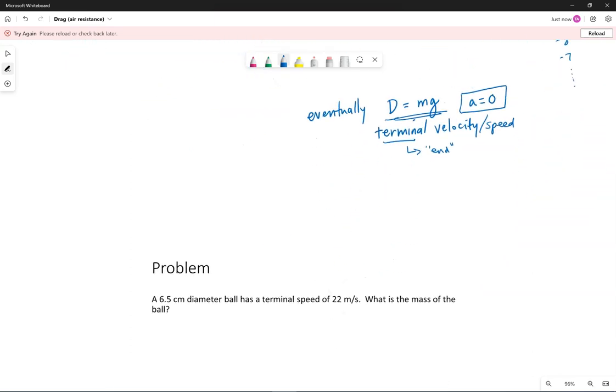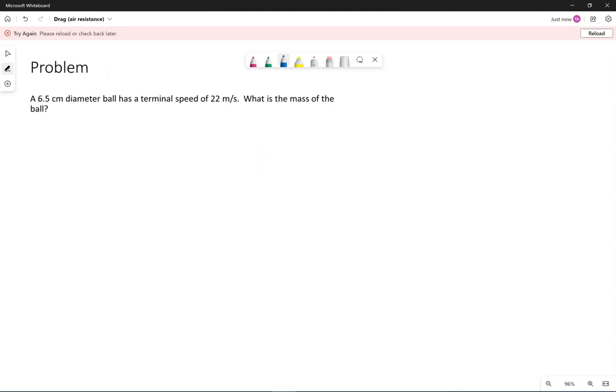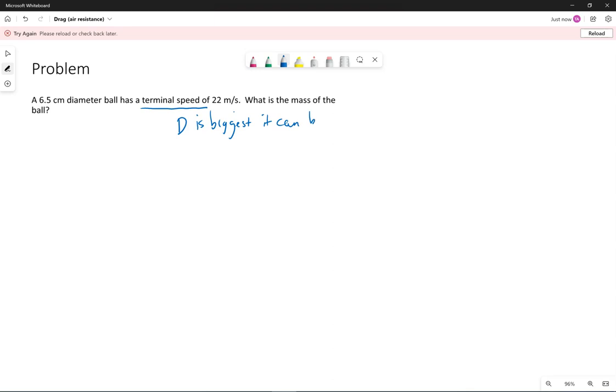So for example, I copied a problem into here. Suppose we have a 6.5 centimeter diameter ball. It has a terminal speed of 22 meters per second. Whenever we see terminal speed, we know the drag force is the biggest it can be, meaning the acceleration is 0.